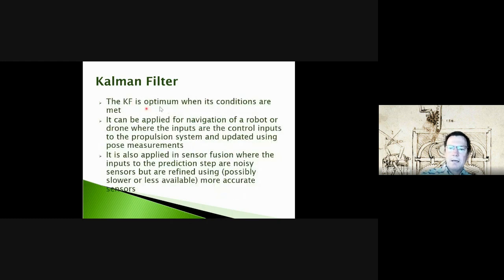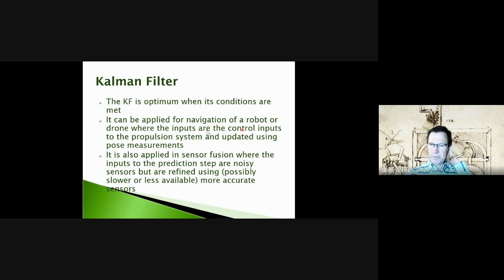So now what about this Kalman filter? It turns out that it's optimum when its conditions are met, and that's why it's so universally used. It can be used for navigation of a robot or drone, where the inputs are the control inputs to the propulsion system, and then updated using pose measurements, right?